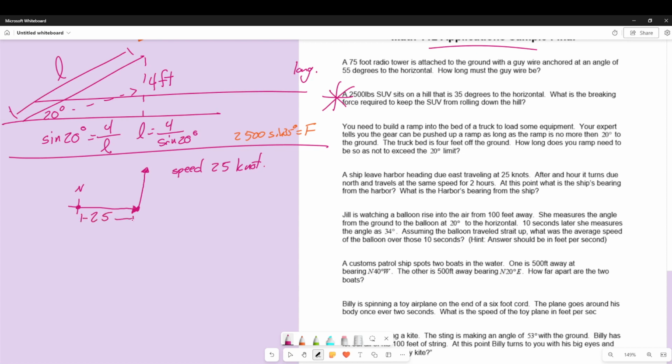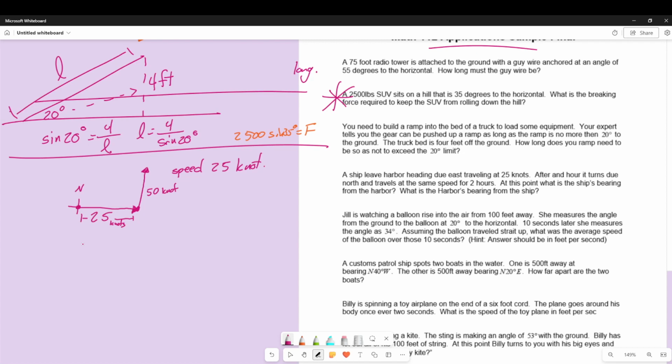A nautical mile is very, very close to what we think of as a mile. It's just defined a little bit differently, so a little bit different lengths. After an hour, it turns due north and travels at the same speed for 2 hours, so it went 50 nautical miles. So it went 50 that way, 25 that way.